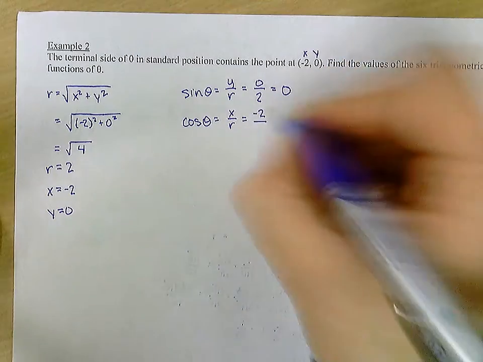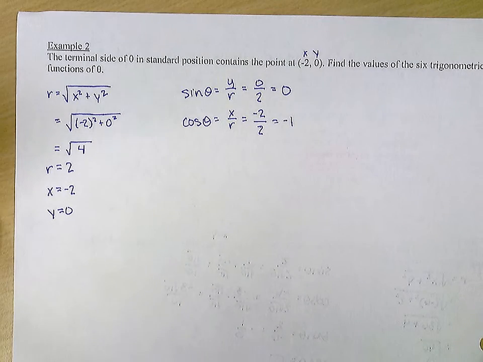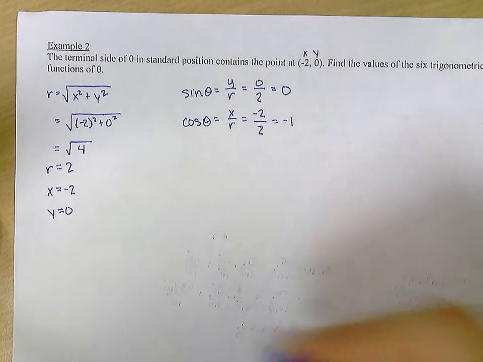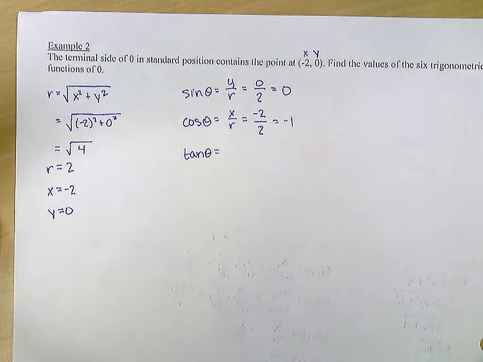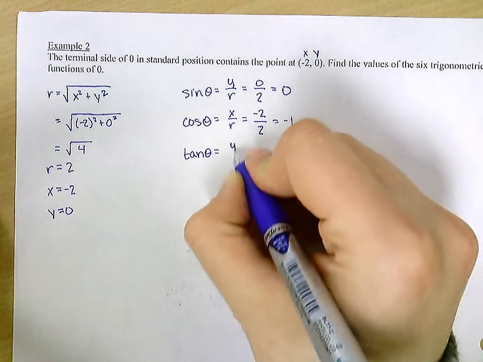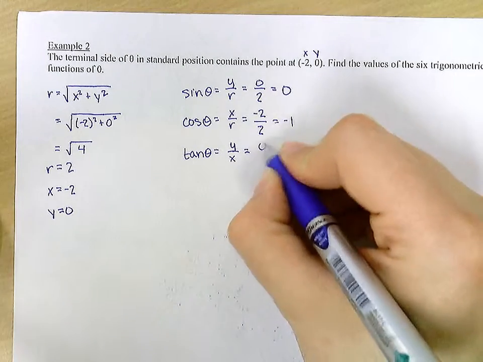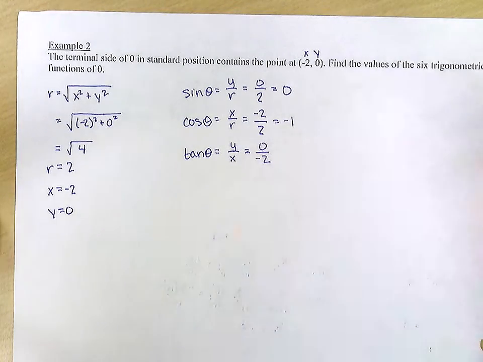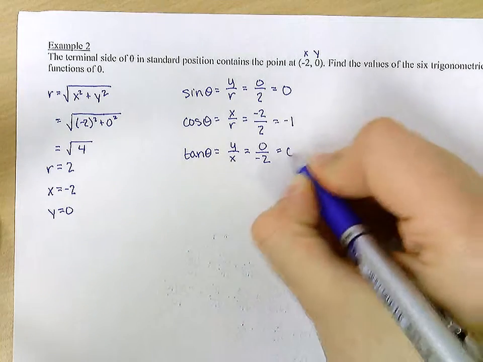So I have negative 2 over 2, which is negative 1. Tangent of theta is y over x. Okay, y is 0, x is negative 2. Again, 0 over any number is 0.